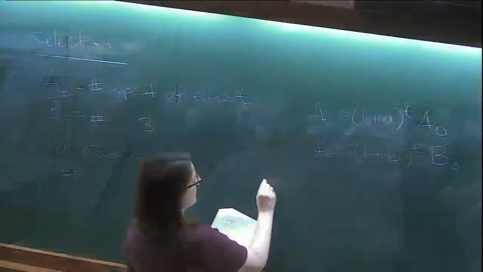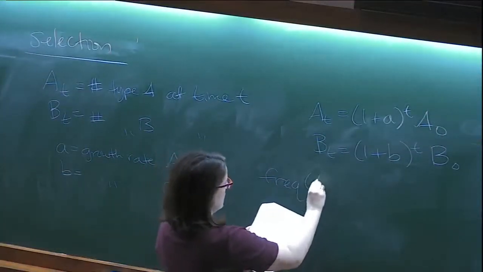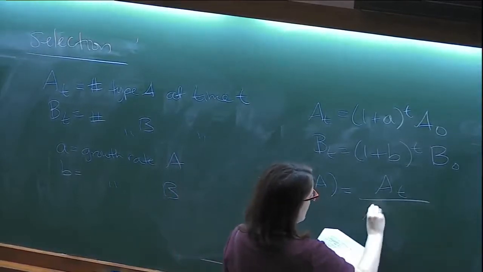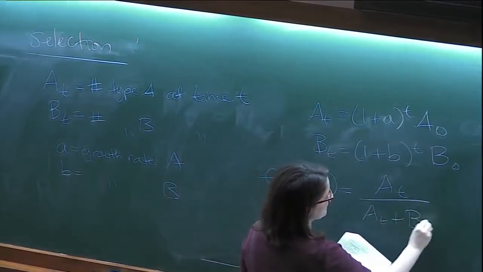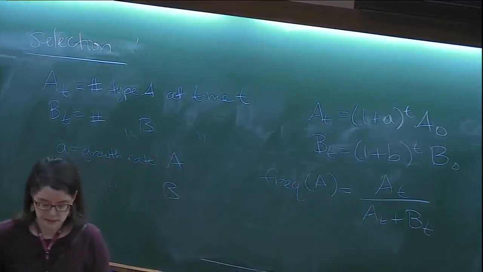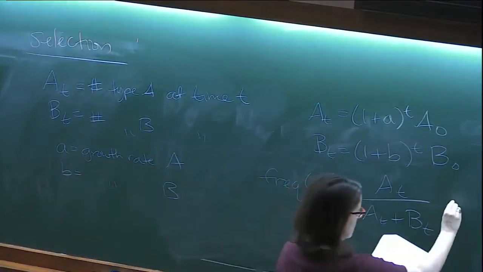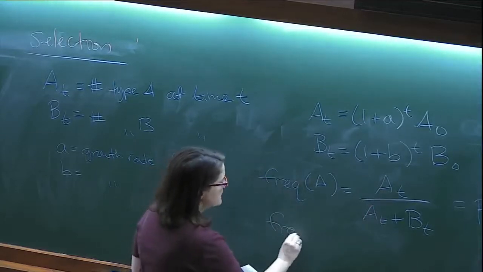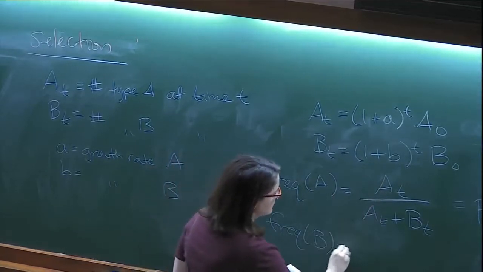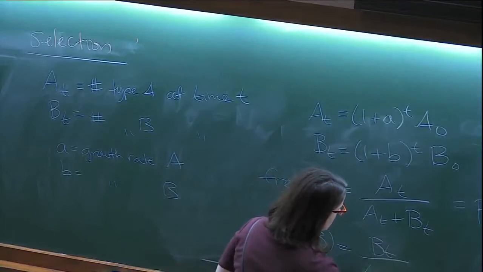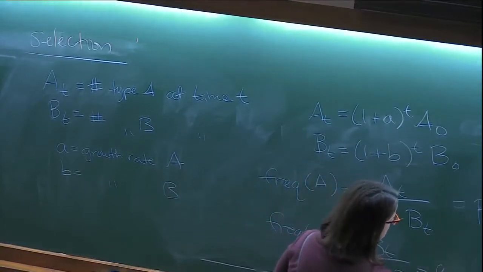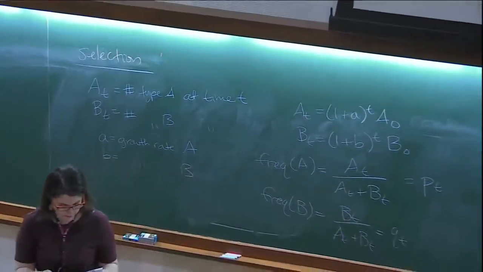So I could say, well, the frequency of A is the number of A's at time t over the size of the whole population at time t, which we'll call P at time t. And similarly, we can say, what's the frequency of B? And again, have that just be the relative number. And obviously, these two things have to sum to 1.